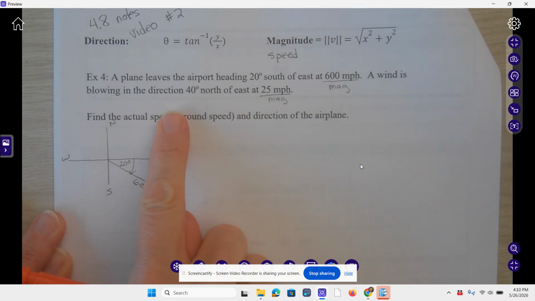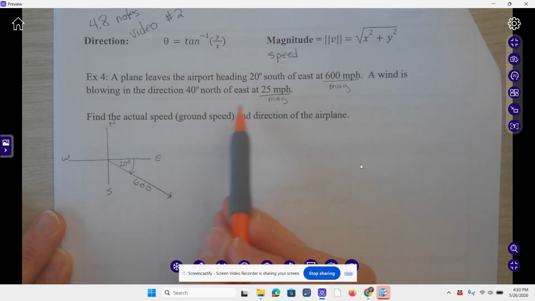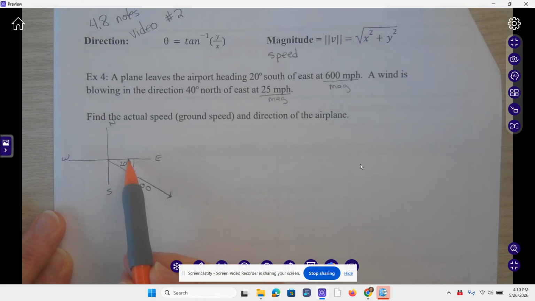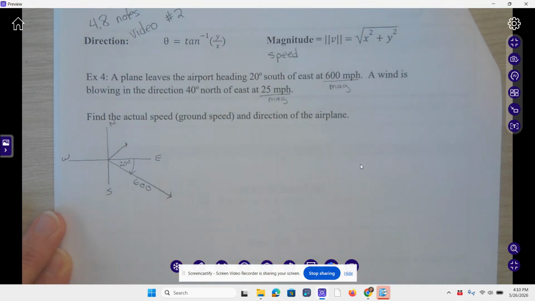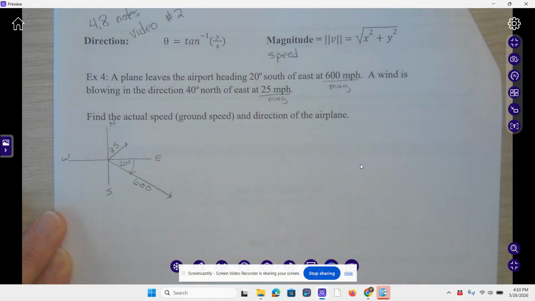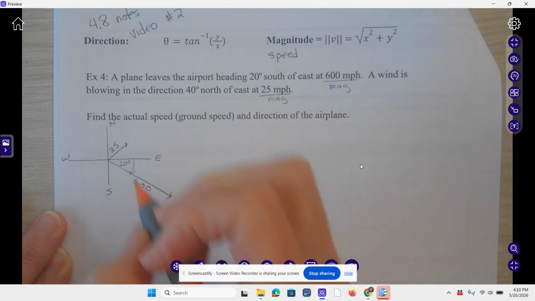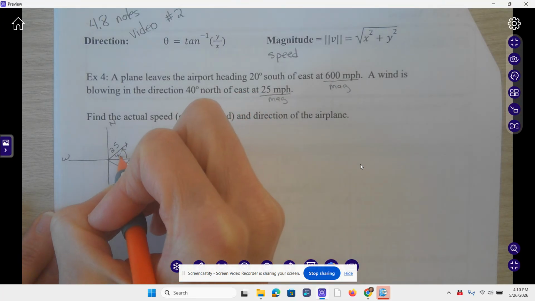Now a wind is blowing in the direction 40 degrees north, so that would be toward north of east. So here's east. If you're north of east, you're up here. And I'm going to make this one shorter because the magnitude of this vector is 25 and this angle is 40.